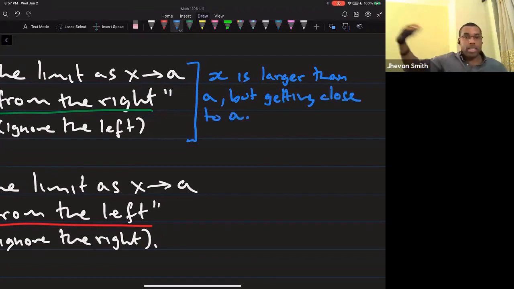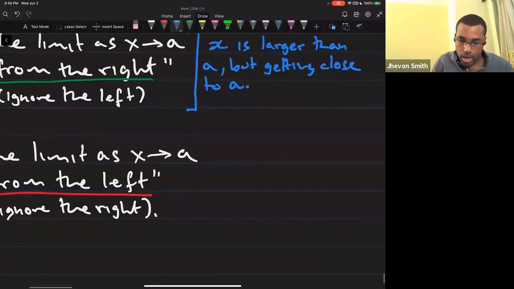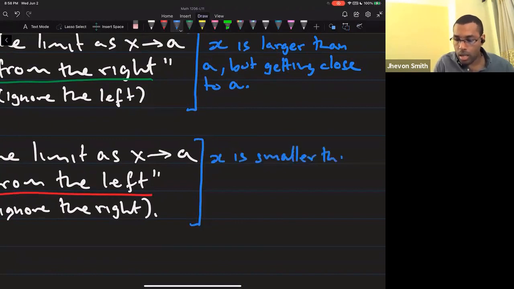So it's coming from the right side. It's not going to take on the value 2, but it's going to be 2 point something, inching close. And conversely here, your x is smaller than a, but getting close.